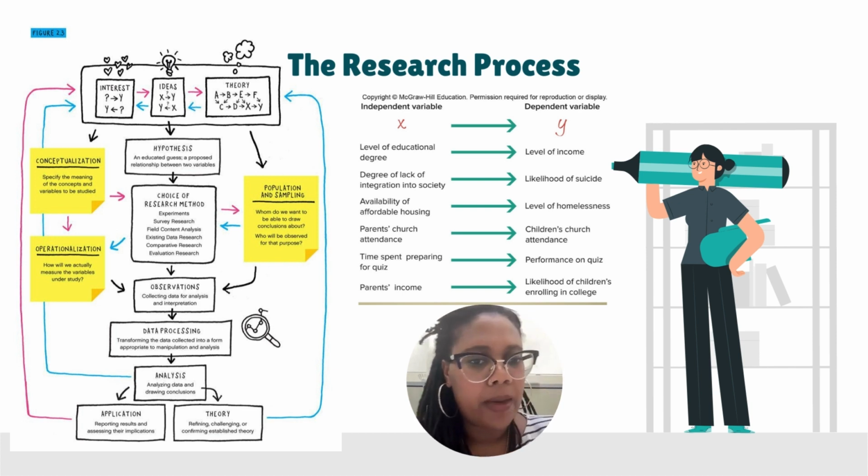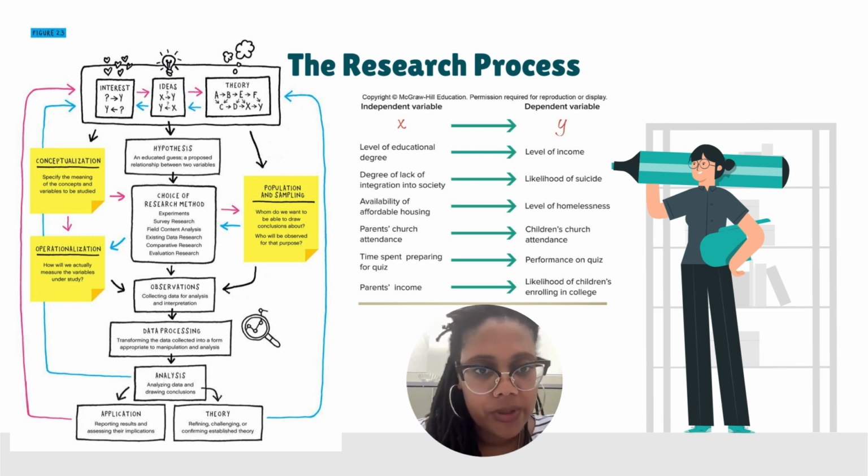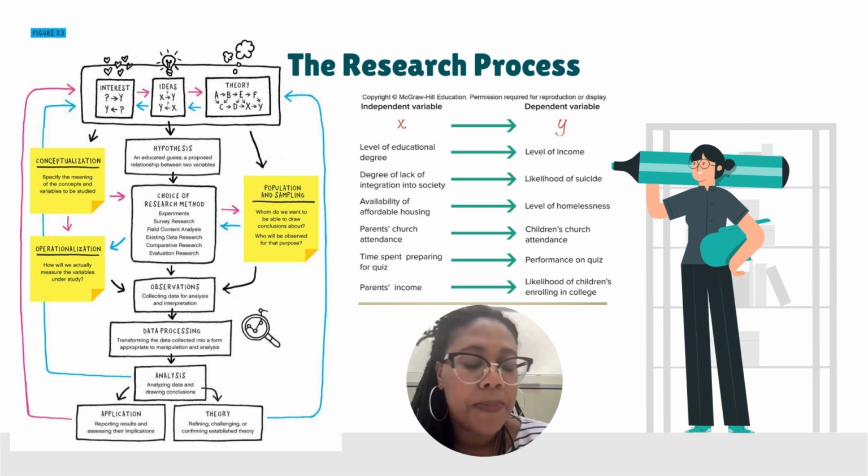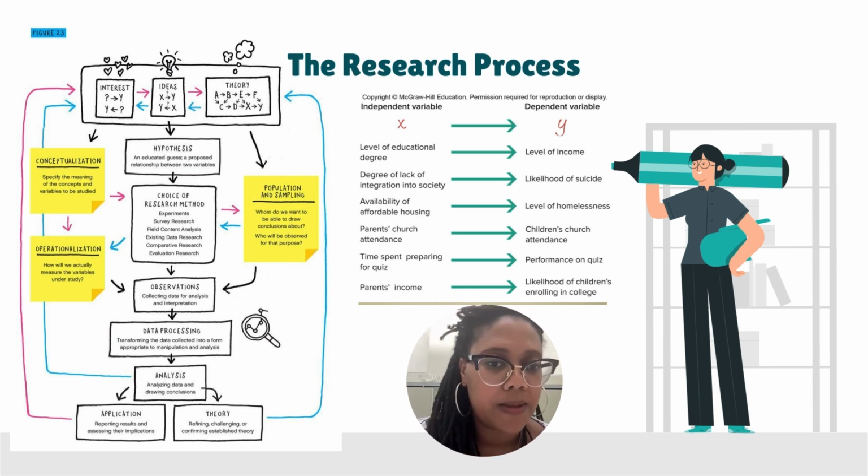So, for example, we have a concept like education. Well, let's operationalize that concept. What do we mean by education first? There's a conceptualization. And then how are we going to measure it? What are the parameters that we're going to use for education? So perhaps I'm going to define education as exposure to an educational system or participation in an educational system.